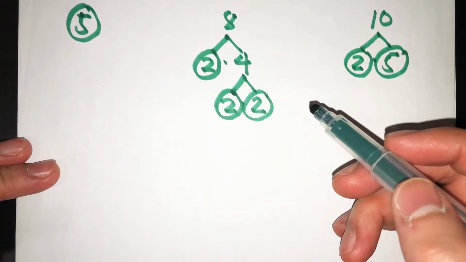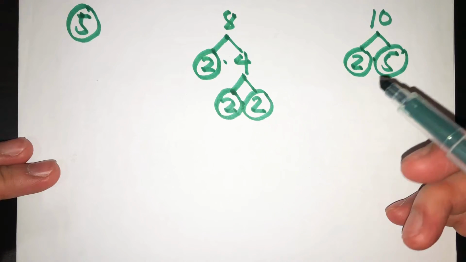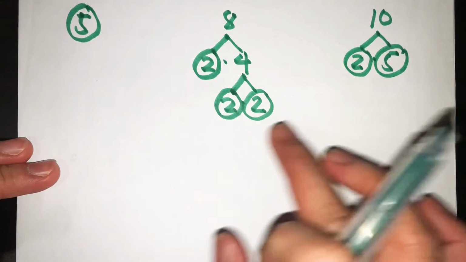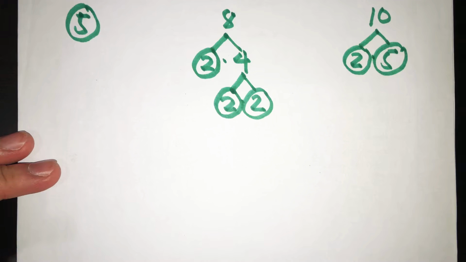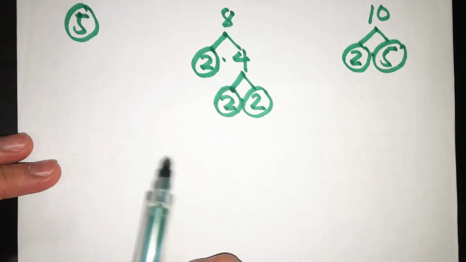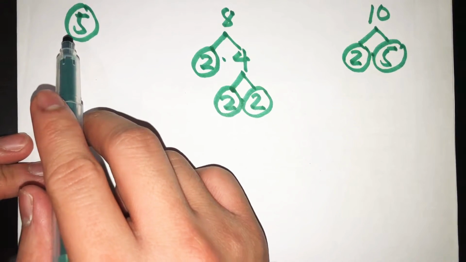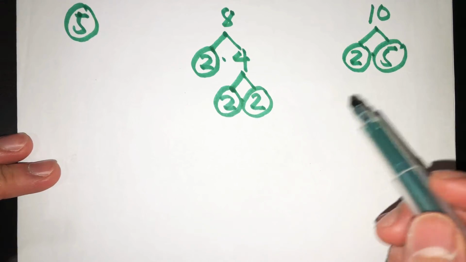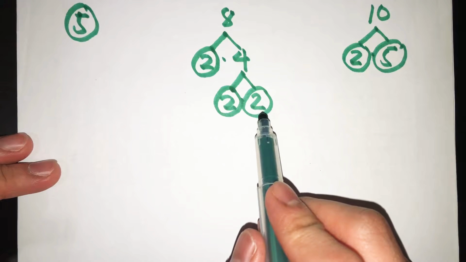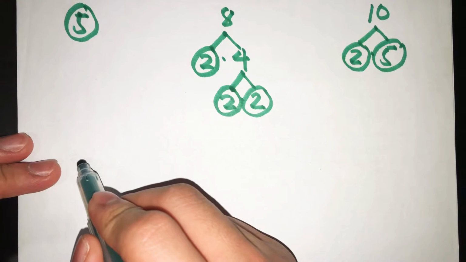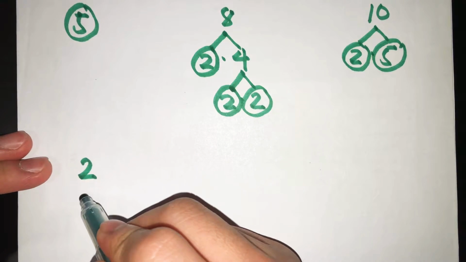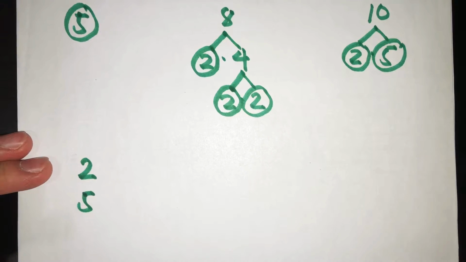Okay? Now what we're going to do next is, instead of writing down the prime factors, we're going to make a prime factor table. Okay, so we're going to write the factors. We have 2 and we have 5.